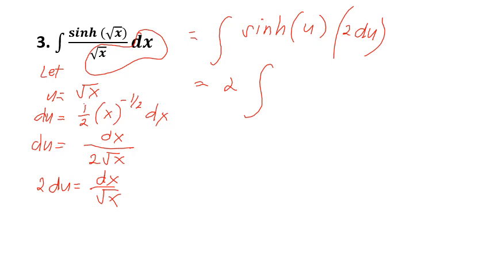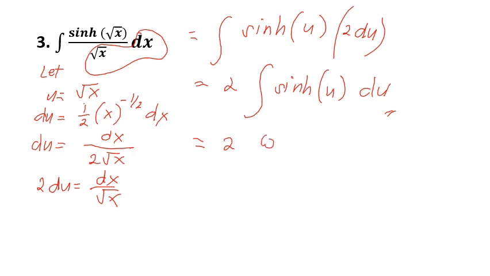So I will have 2 integration of hyperbolic sine of u du. Now, this is part of our formulas. The integration of hyperbolic sine u du is equal to hyperbolic cosine u plus c.